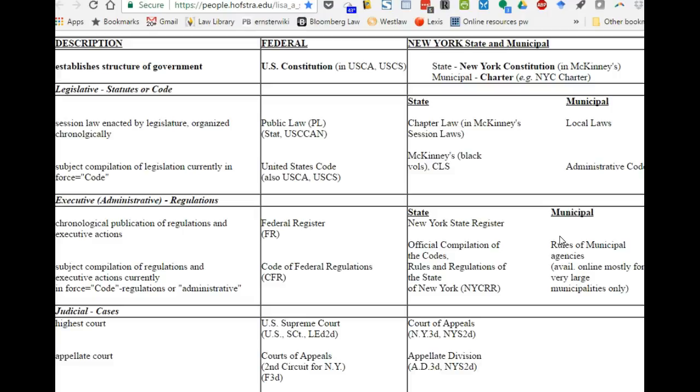It falls under executive because essentially the state delegates its authority to localities, municipalities, cities, towns, counties, to say, okay, here are the general rules, here are the state laws.